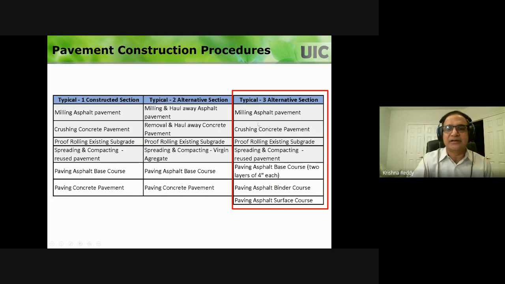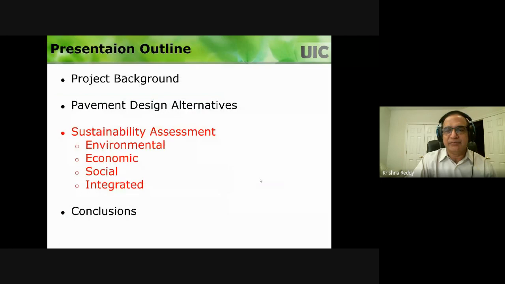So you have on-site operations to utilize this concrete and stockpile at the site, and then you have the ground preparation, and then asphalt pavement construction. So we know exactly how a contractor would build these pavements. Now, the real question is, which one is sustainable?